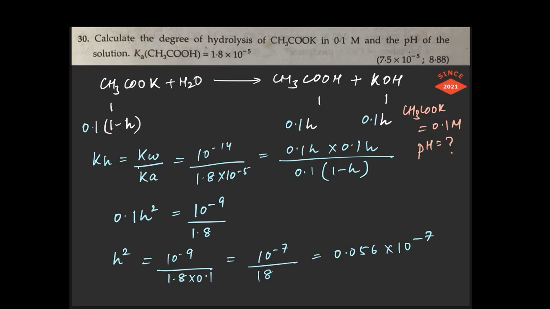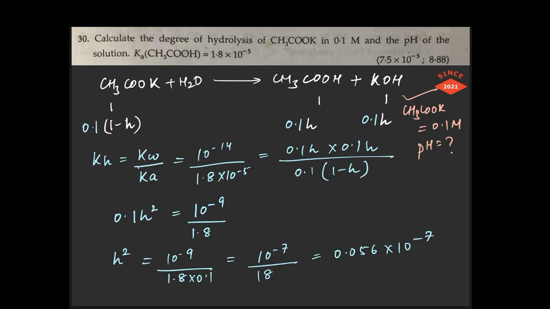Now the equation for the hydrolysis of potassium acetate is potassium acetate plus water forms acetic acid and potassium hydroxide. From the stoichiometry of the equation, it can be seen that 1 mole of potassium acetate hydrolyzes to give 1 mole of acetic acid and 1 mole of potassium hydroxide.